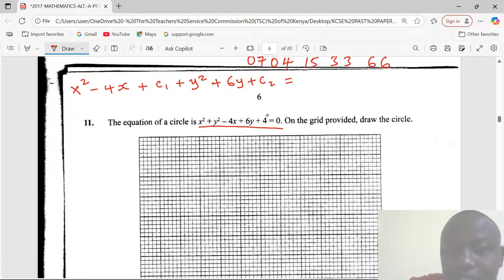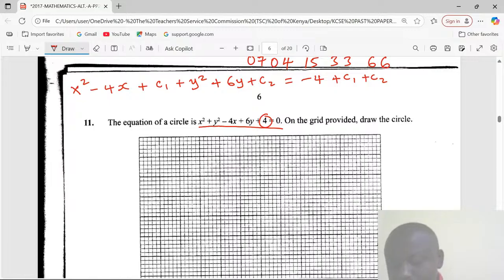The only constant that was initially there was 4, so to the right, 4 becomes negative, and we add the 2 constants also. How do we get the constants? Our intention is to make perfect squares from the x component and also from the y component, so that you may know how to get the center and radius.